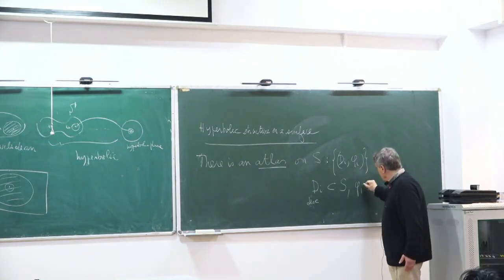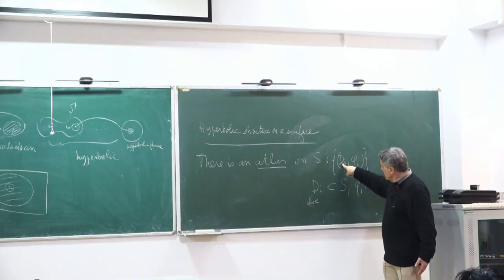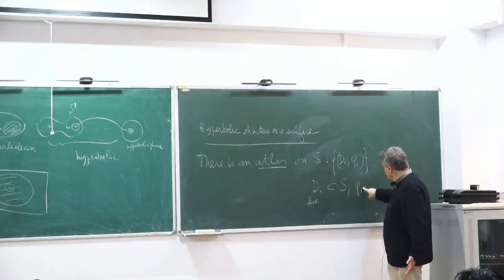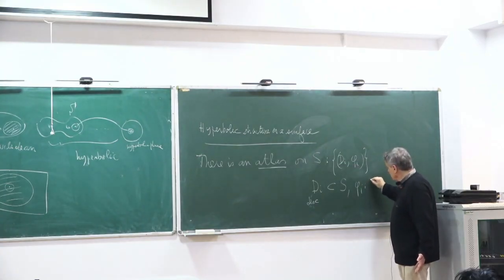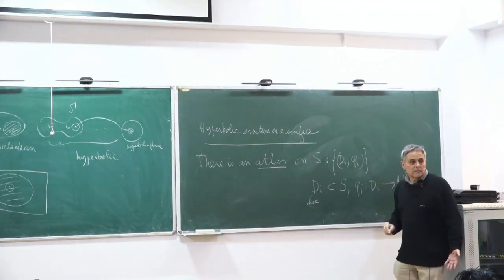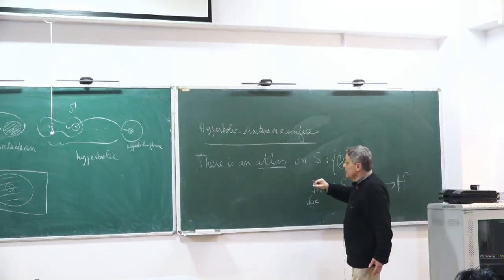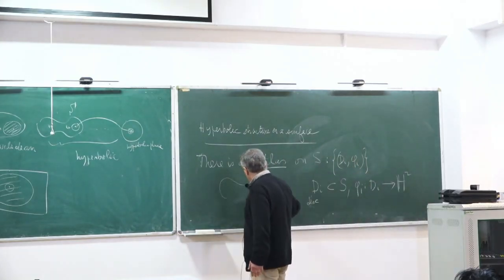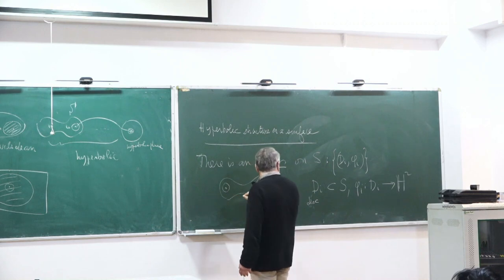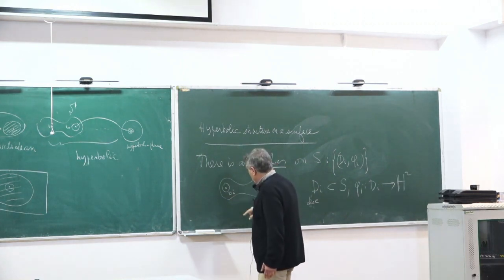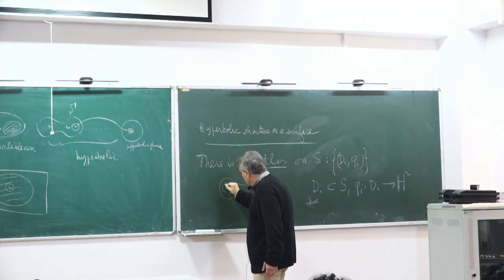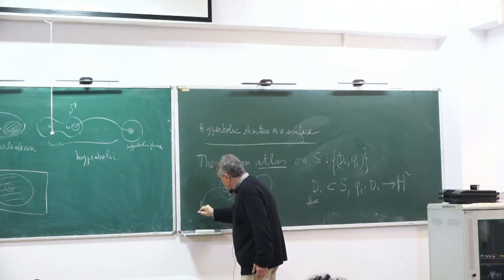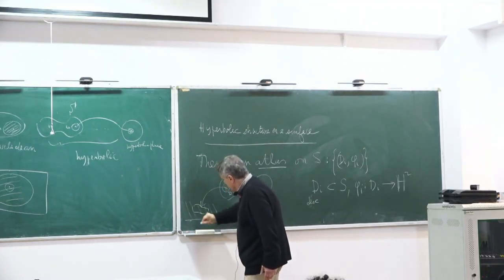And phi_i, this is the geographical map which sends this D_i into the hyperbolic plane. So if I make a picture, for each point I have a small disk here, and a map which takes this disk into the upper half plane. This is the image.